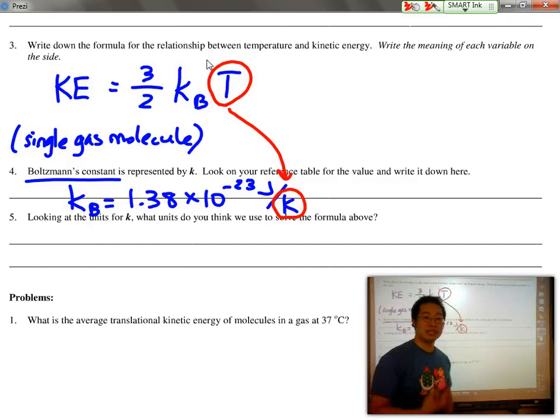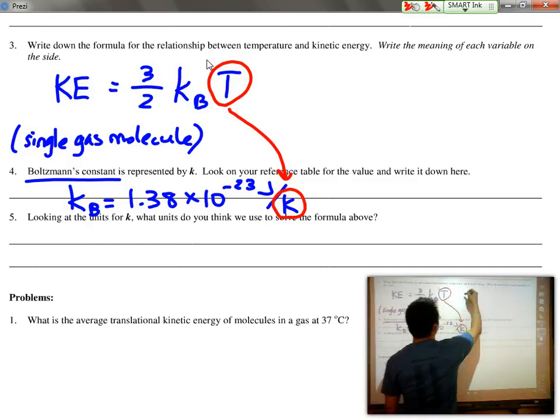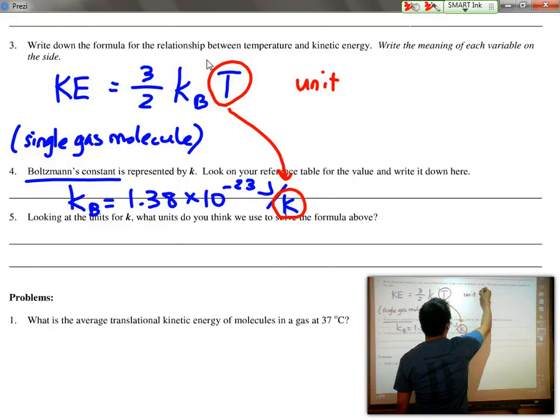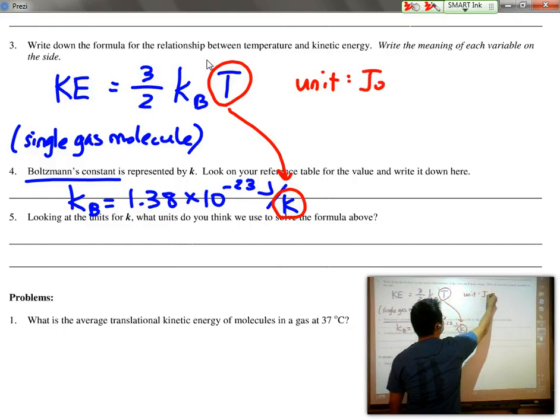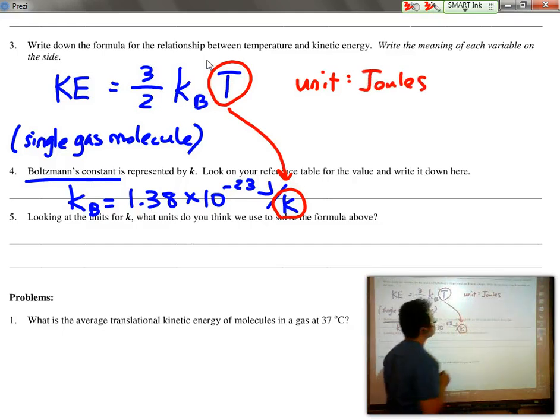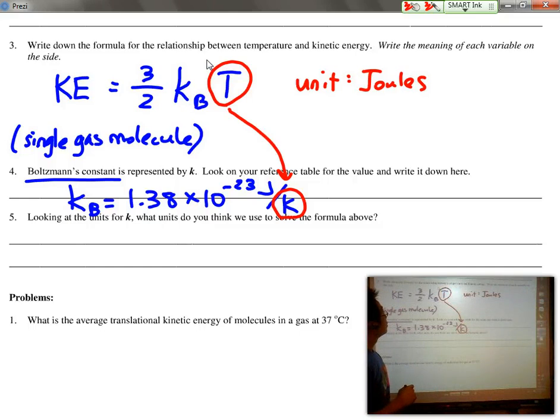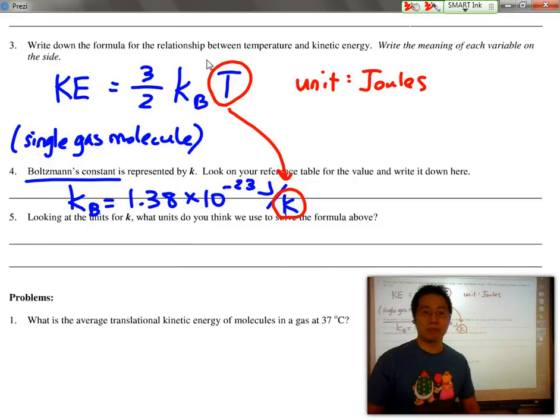And since this is kinetic energy, the unit is going to be joules. So basically, if you double the temperature, you double the amount of kinetic energy that gas molecule has.